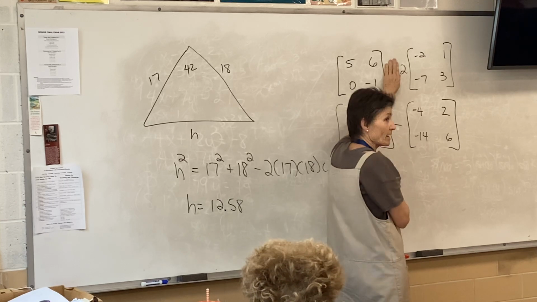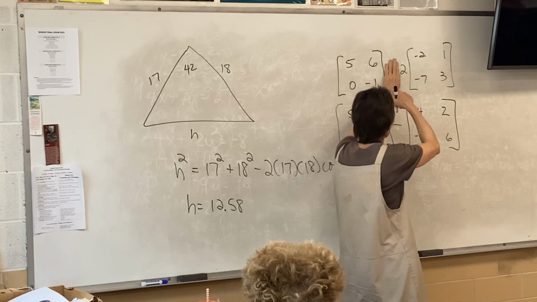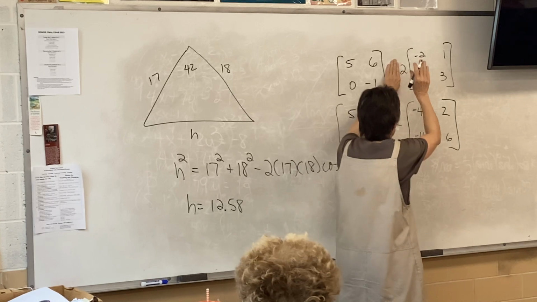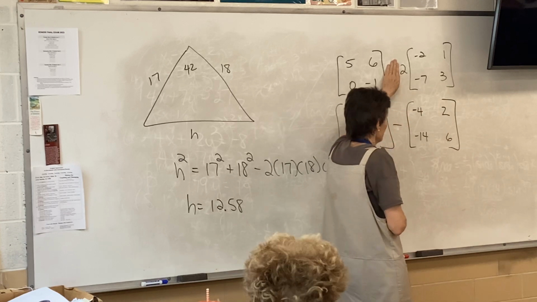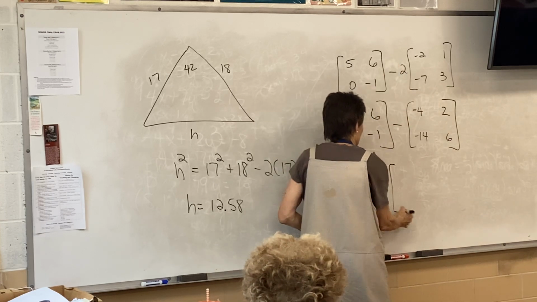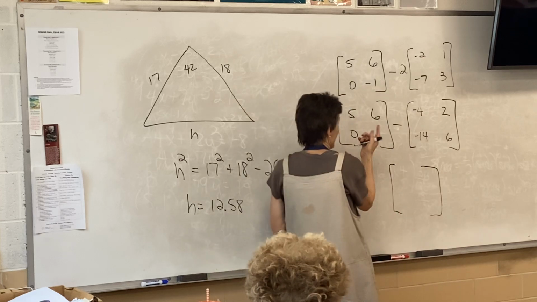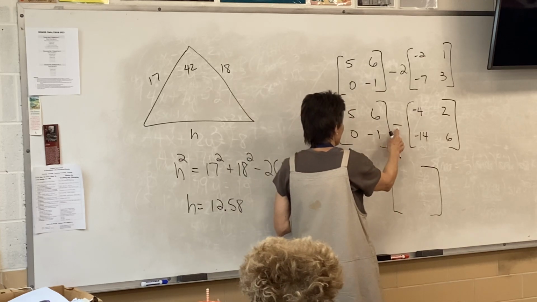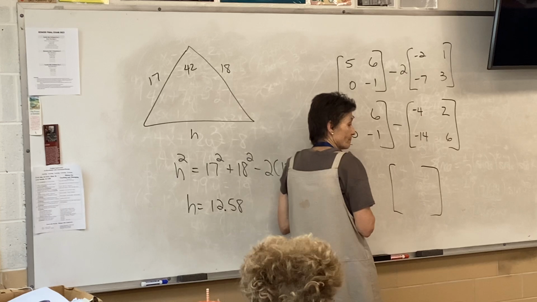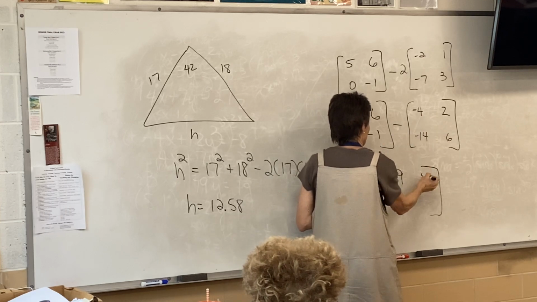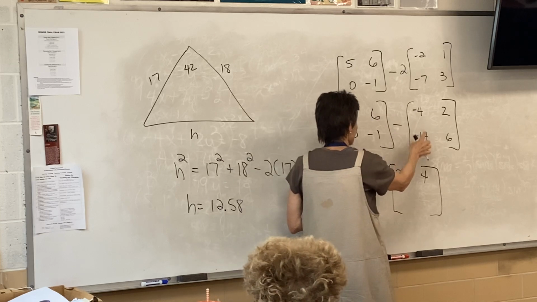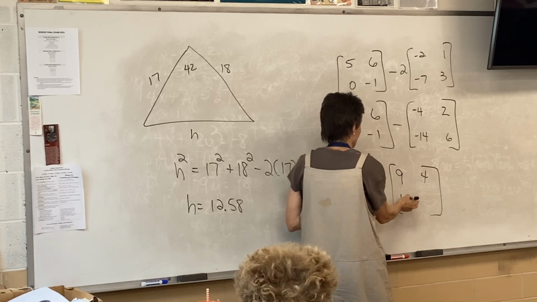So this is a subtraction problem. It's this minus this. So 2 times that is right there. To subtract, I just do entry by entry. So what's 5 minus -4? 9. What's 6 minus 2? 0 minus -14.